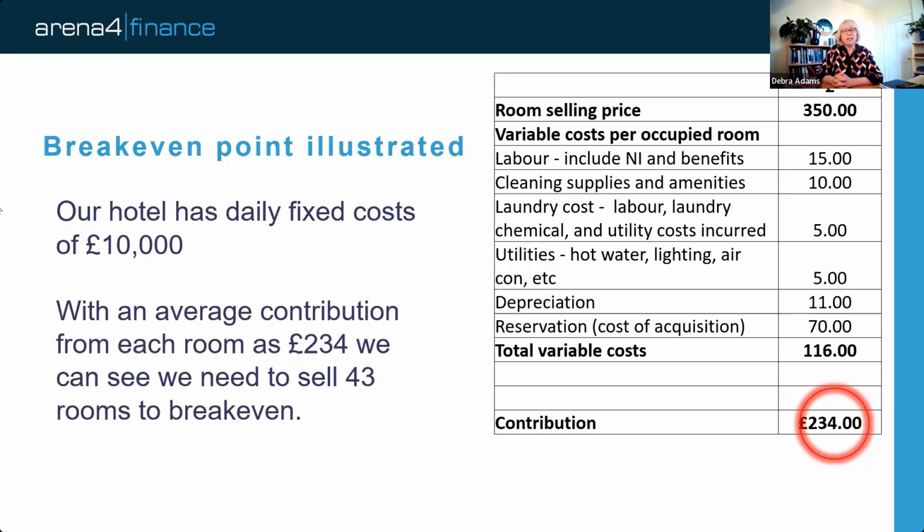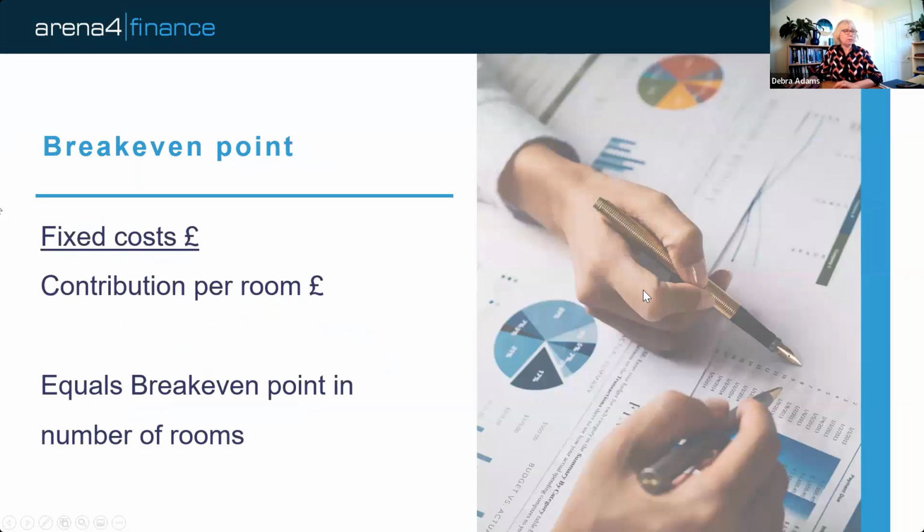We had inflation of over 6% announced yesterday, but I think we know in hospitality that inflation is actually running at a much higher rate in some of these areas, particularly for labour and utilities, energy costs in particular. So keeping this little calculation up to date is really key because that can help us with so many things, setting the selling price, knowing what the margin will be between the selling price and the contribution. And of course, doing this for our menu costings as well and keeping those up to date.